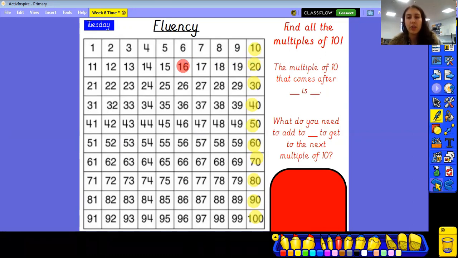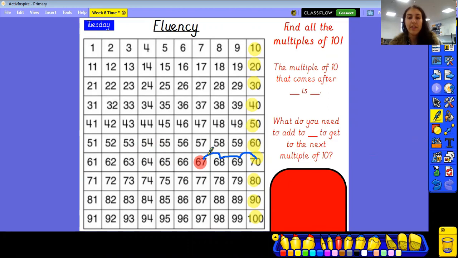Let's have another go. What do I need to add to 67 to get to our next multiple of 10? So first of all, what is the multiple of 10 that comes after 67? And what do I need to add to 67 to get there? Well done if you said I need to add 1, 2, 3.